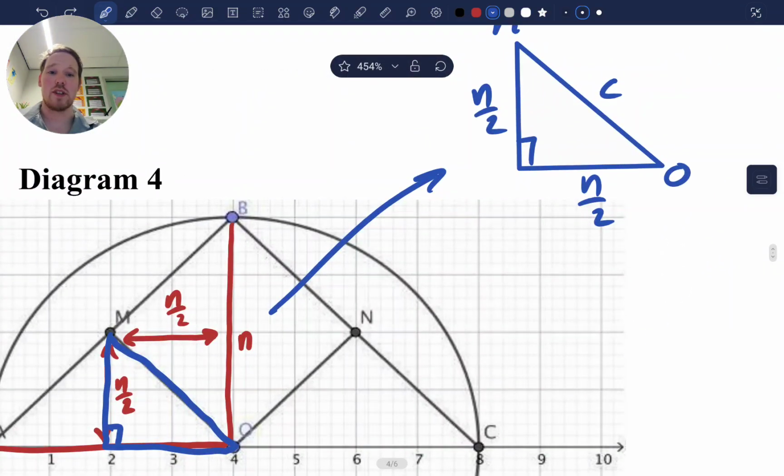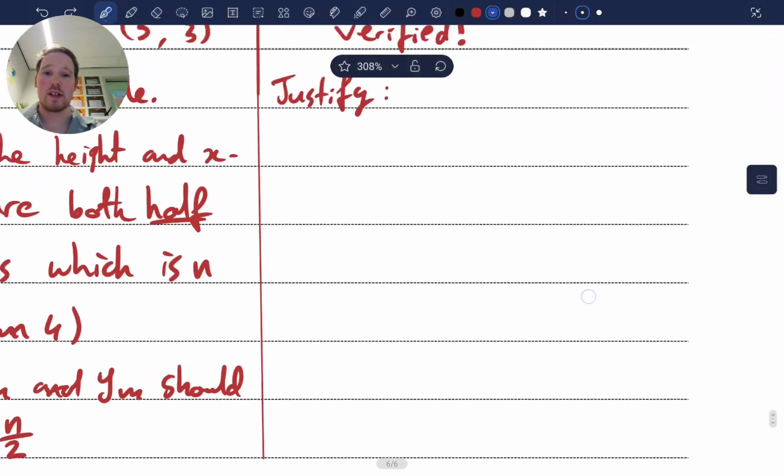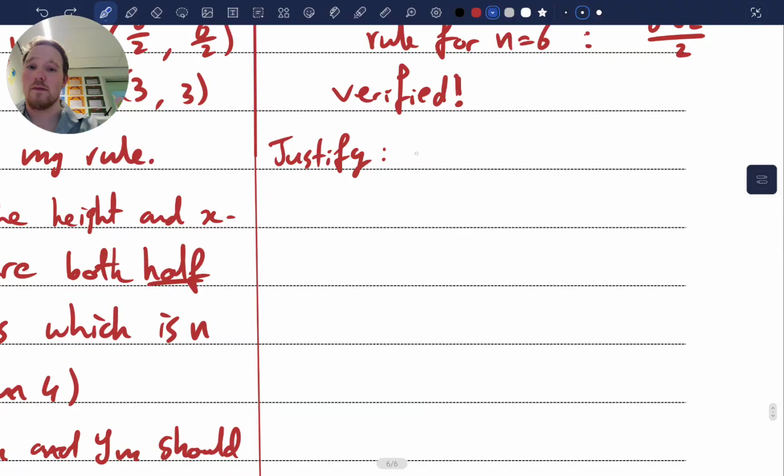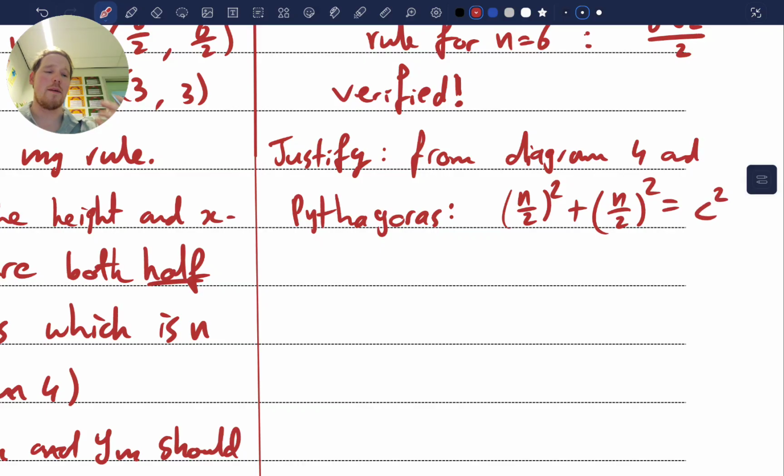Pythagoras' theorem states, and let's properly write it out, from diagram 4 and Pythagoras, we find n over 2 squared plus n over 2 squared is equal to our value C squared, so our MO value.